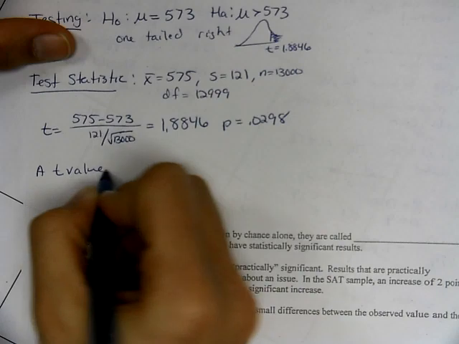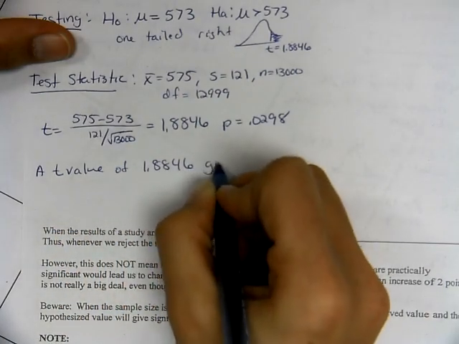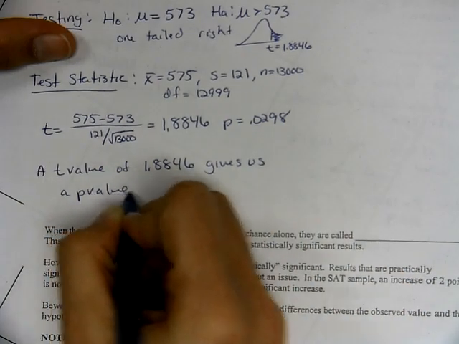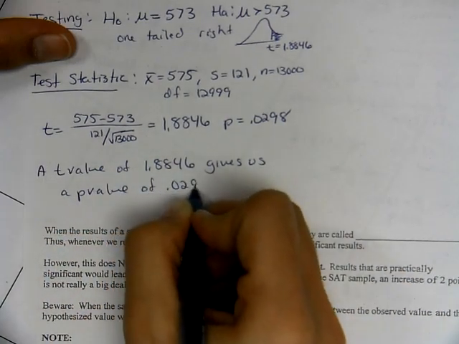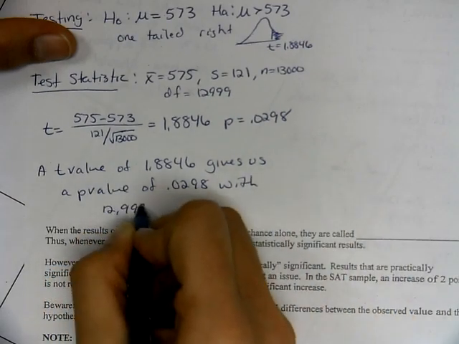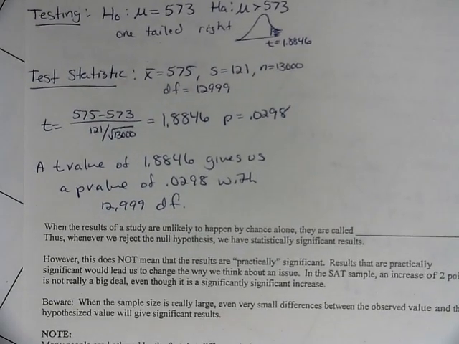So let's write out our sentence. A t-value of 1.8846 gives us a p-value of 0.0298 with 12,999 degrees of freedom. Okay, so here's the problem. There was no alpha. So, do we think either error would be worse?